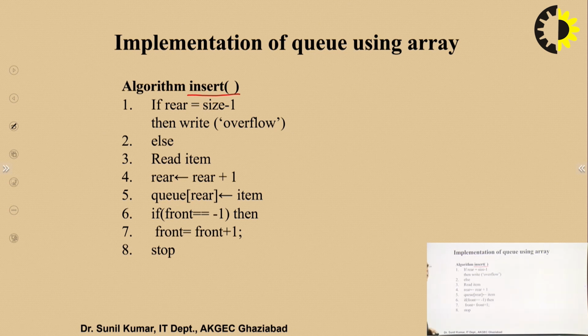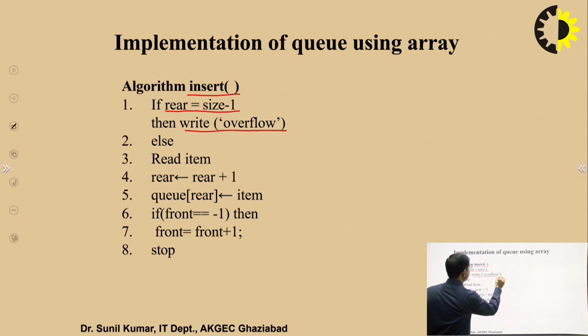Whenever we are trying to insert a value in the given queue, we will check for the overflow. How to check it? If the value of rear equal to size minus 1, where size is the size of the given array, that means all positions are occupied, and this is the condition of overflow. That means there is no space for inserting a new element.